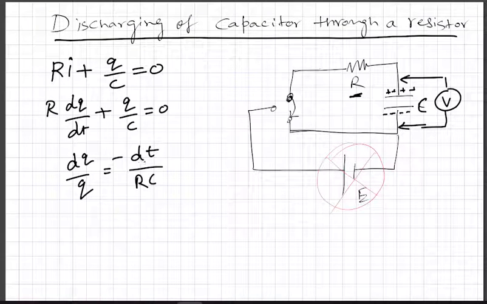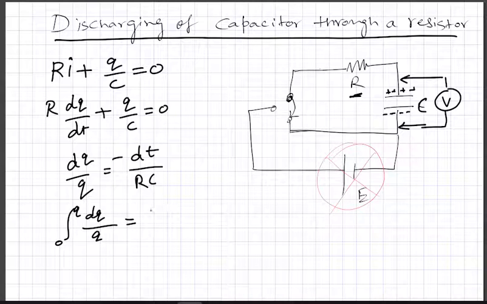So that is in a time period of dt. So what will happen over a time period of t? There will be a change in charge of q. So we just integrate it from 0 to q. dq by q is equal to minus 1 by RC, which is a constant, integral 0 to t dt.